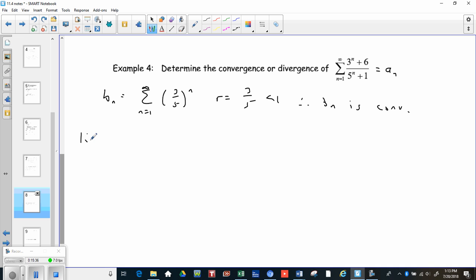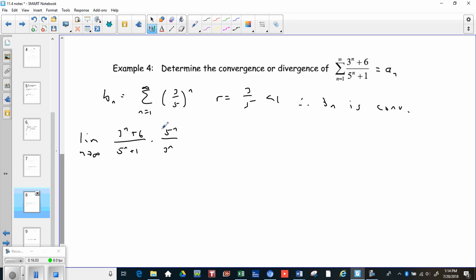So now let's take the limit. Limit as n approaches infinity of 3 to the n plus 6 over 5 to the n plus 1 times the reciprocal of this one, which will be 5 to the n over 3 to the n.